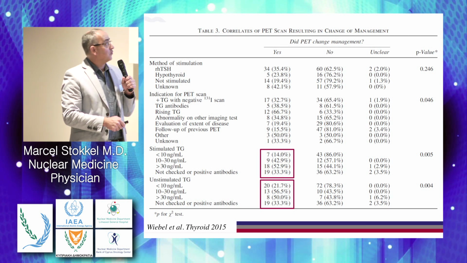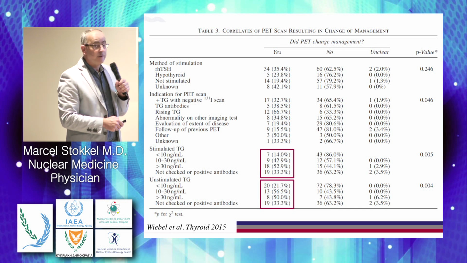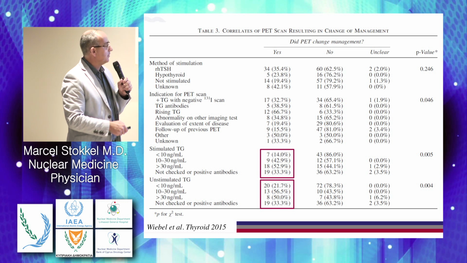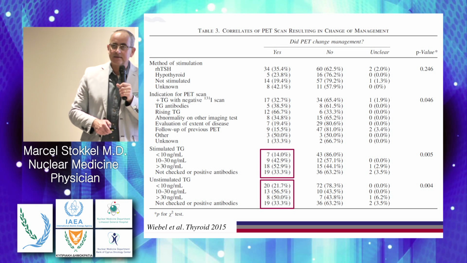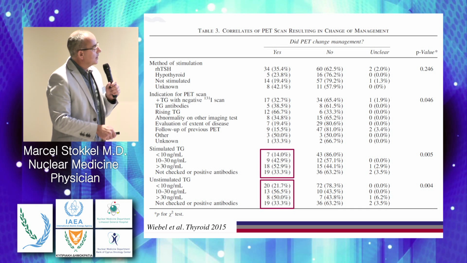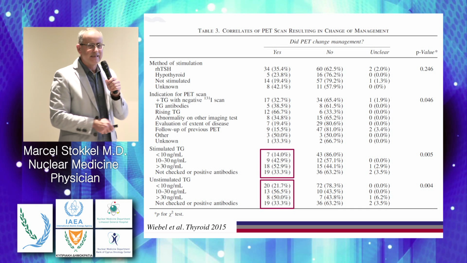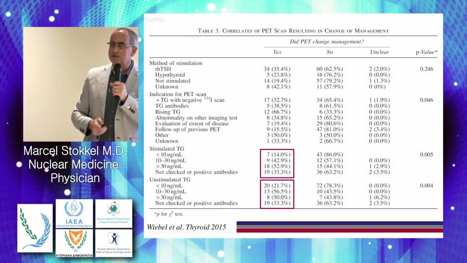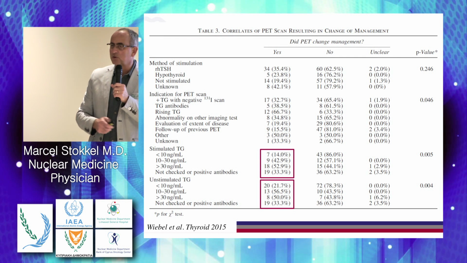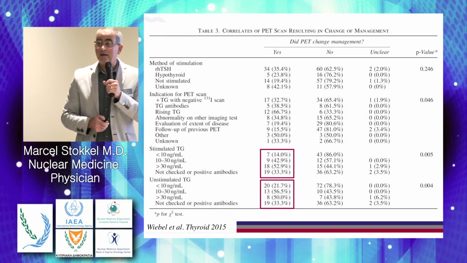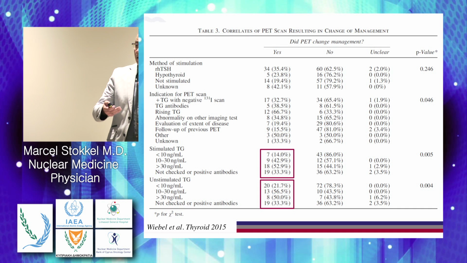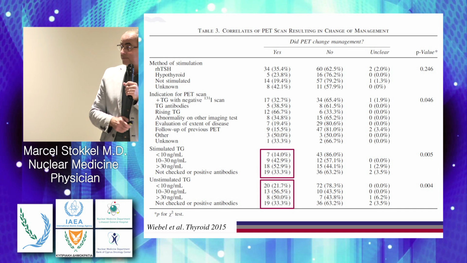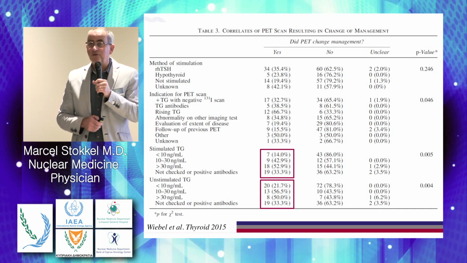Well, the question is, of course, does PET change management in clinical practice in patients with elevated thyroglobulin levels? Well, you can see here patients with very low stimulated thyroglobulin levels. The value of FDG PET scan is still limited. And why is that? Well, the chance of finding small lesions responsible for a thyroglobulin elevation between 1 and 10, the value is very limited.